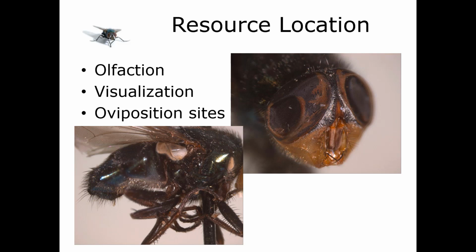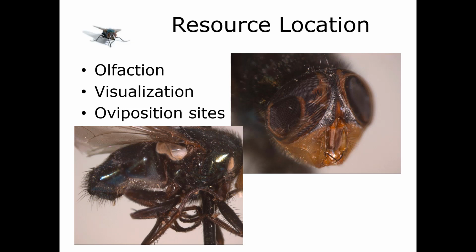Remember way back when we talked about the surface to volume ratio, these things are small. What seems like a pretty small distance to us is actually huge to these flies. They don't have a lot of excess energy. So they are going to spend as little energy as they possibly can trying to find the most likely place for protein resources and for places to oviposit.